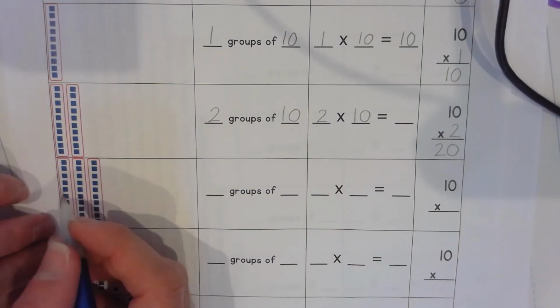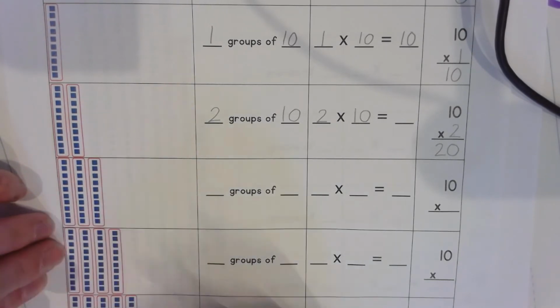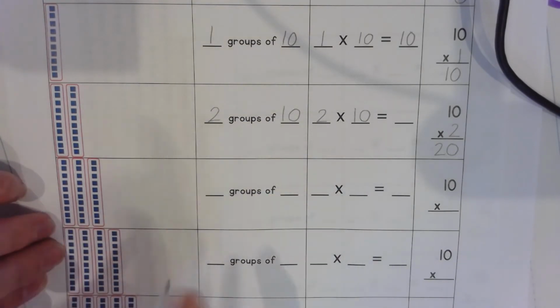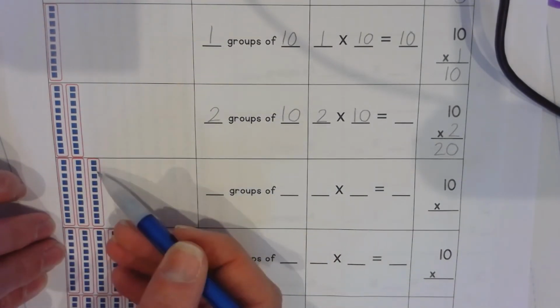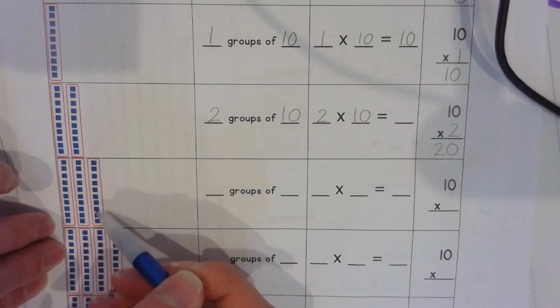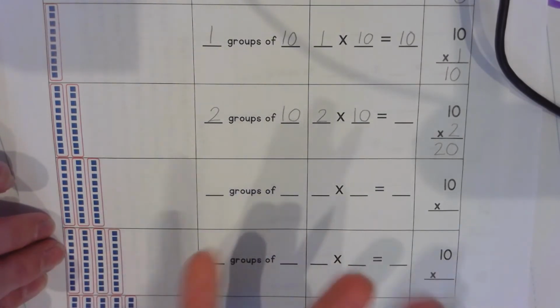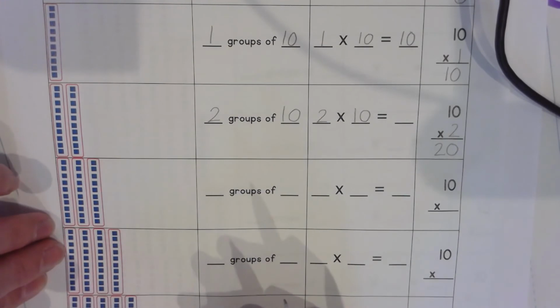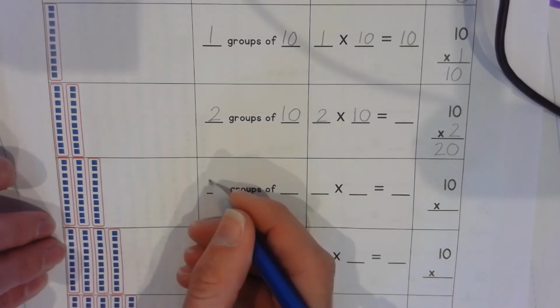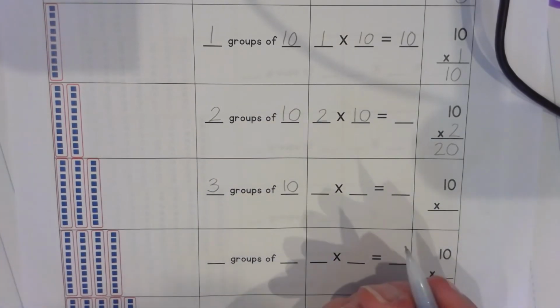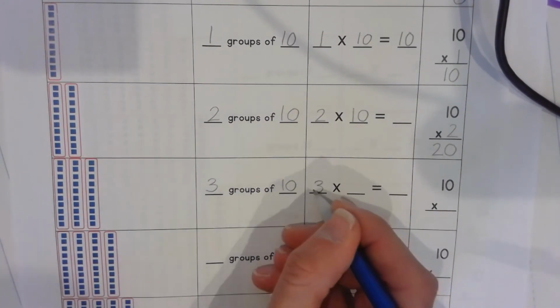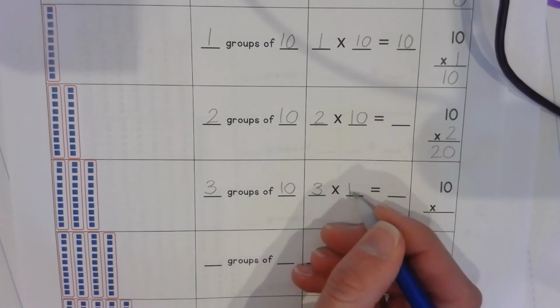And the next one, we have 1, 2, 3 groups of 10. With this page, I will tell you they're all groups of 10. I told you that already, but I just want to repeat it. Usually, you'd have to count how many are in each, but here I'm telling you they're all groups of 10. So 1, 2, 3 groups of 10, which is 3 times 10.